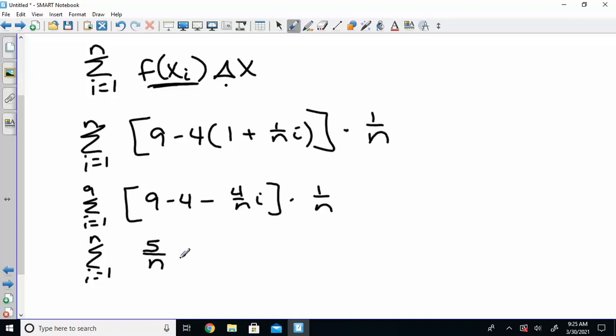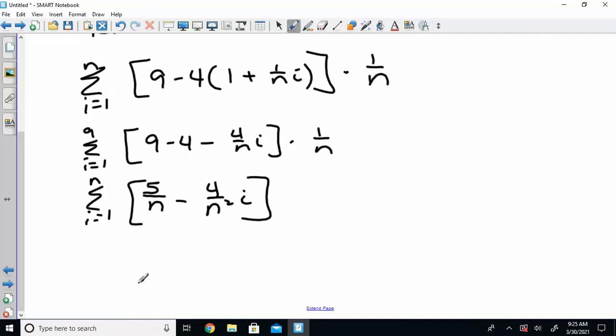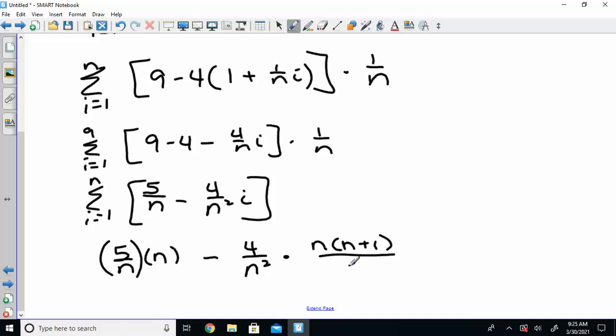So I get 5 over n minus 4 over n squared times I. So now I can do my summation rules. Anything without an I in it is a constant. So when you add it up, you take it times n minus 4 over n squared. So the rule for I is n times n plus 1 over 2.